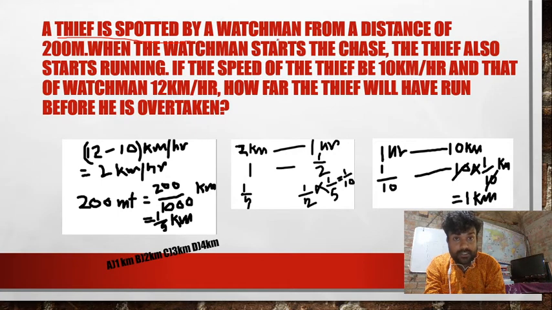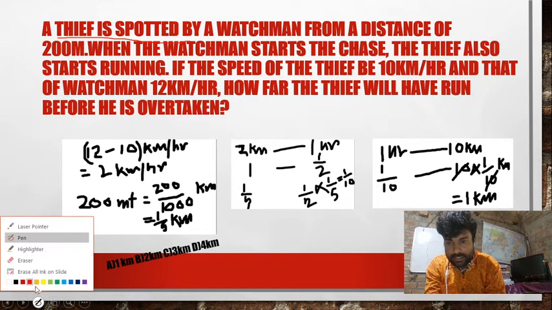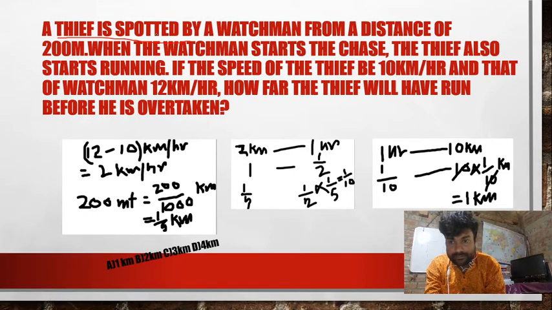A thief is spotted by a watchman from a distance of 200 meters. First we have to understand perfectly what the question is.